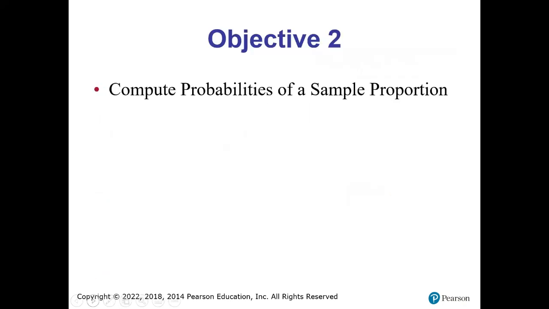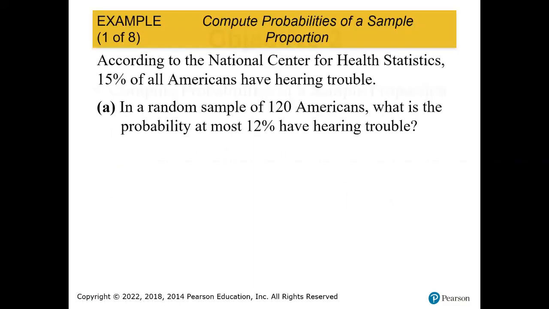Next, once we've done that, how do we compute probabilities? These are questions from the sampling distribution. According to the National Center for Health Statistics, 15% of all Americans have trouble hearing. In a random sample of 120 Americans, what is the probability that at most 12% have hearing trouble?